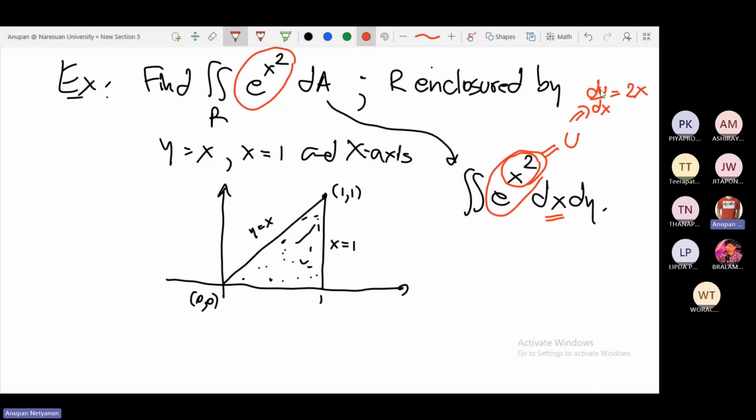And once you take the derivative, you have to make sure that the x term has to be in there, so that this method will work for you, substituting by the new variable u. But there is no x here. Then it means you cannot do this integration by this method.